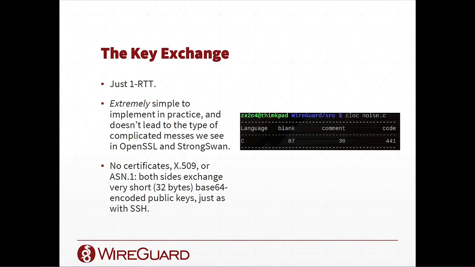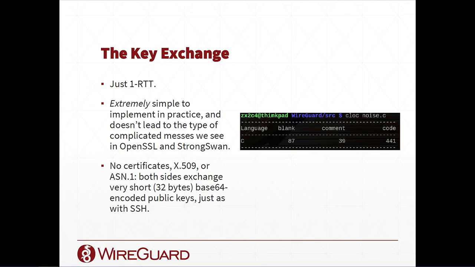So it's just one round trip, and it's super simple to implement in practice. Kernel code is usually a little bit more verbose and ugly, but even so, it's 441 lines of code for a key exchange. Compare that to the massive IKE daemons like Swan. And you'll notice we don't have any certificates.